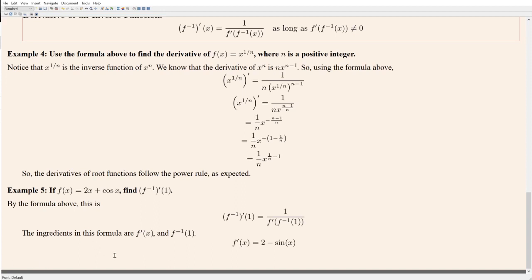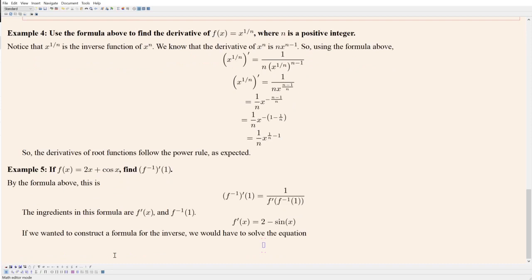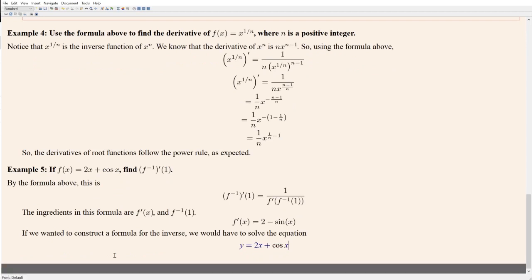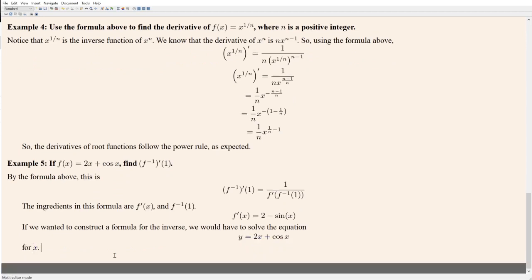As for what the inverse actually is, though, well, if we wanted to construct the inverse, we would have to solve an equation which, frankly, I don't know how to solve. In fact, I don't even know if it's possible to do so analytically. So if we wanted to construct a formula for the inverse, we would have to solve the equation y equals 2x plus cosine x for x.